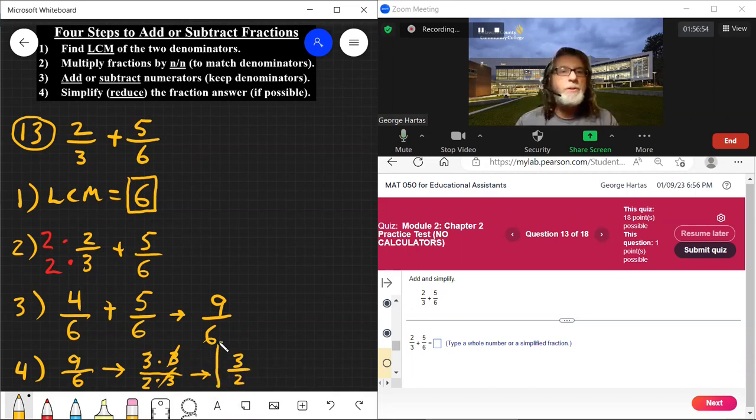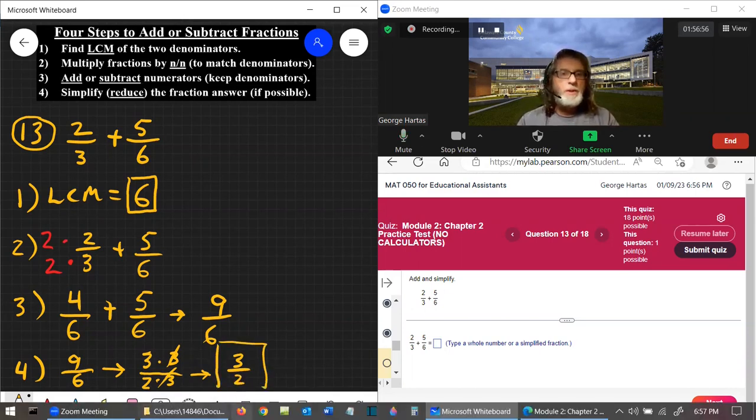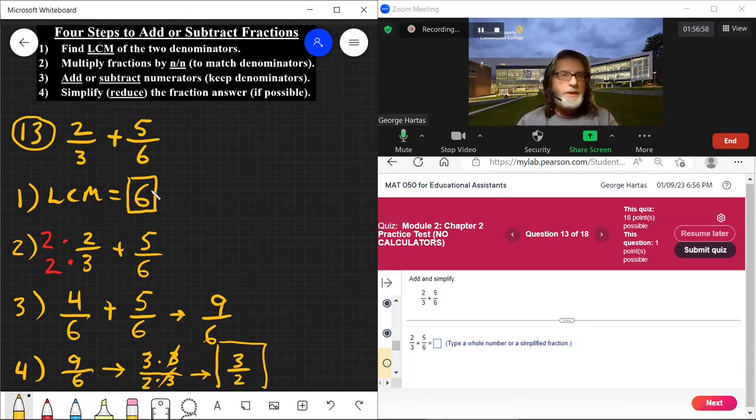That's our answer. Okay, so find the LCM, multiply by some number over some number. See, it has to be the same number over itself to get the same denominator. Add or subtract, whatever it is. If you can, reduce. So our answer is 3 over 2.